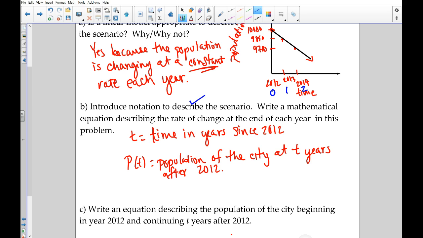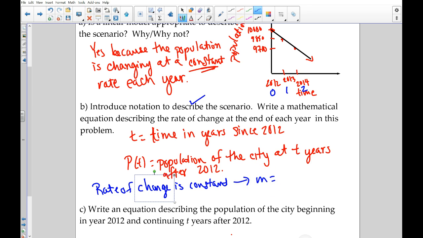So in other words, it's asking me, okay, well, so I know that the rate of change is constant. Okay, so in other words, what it's asking me to find is the value of m.